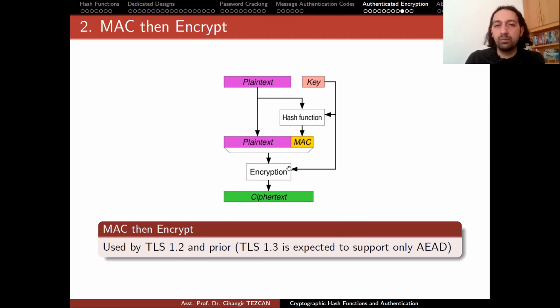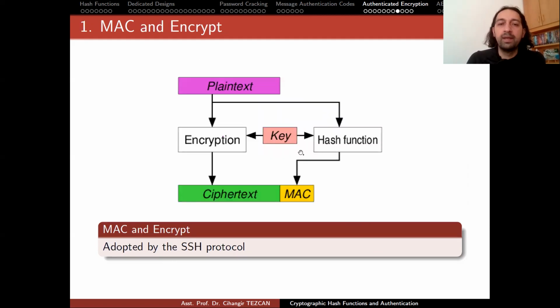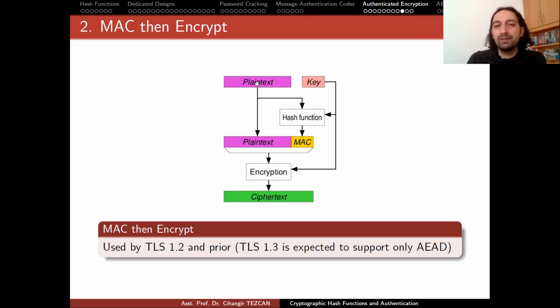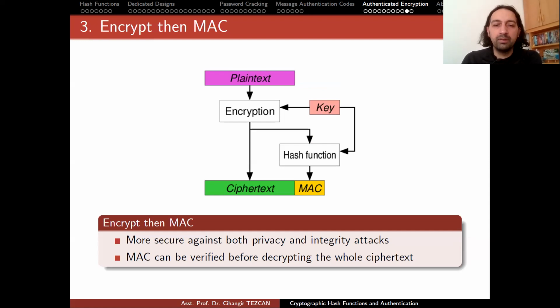But as you can see, in both of these versions, the plain text data is used in the hash function and encryption. We don't like this, because you don't need to. This might reveal some information about the plain text if there are some weaknesses in the hash function or the encryption algorithm. So the one we prefer more is called encrypt then MAC.